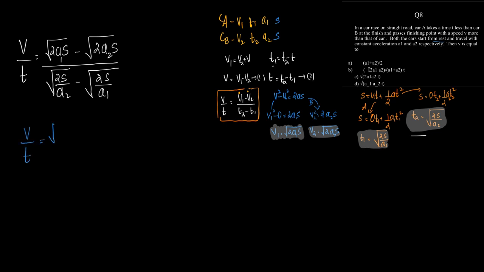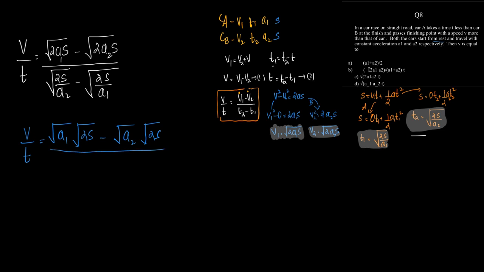Now I'll try to make the calculation as simple as possible. I'll write it as root a1 into root 2s minus root a2 into root 2s. If you ask why I am separating 2 and s, it is because none of the options given here have 2 and s within them, so I'm trying to eliminate s and 2 from the equations.